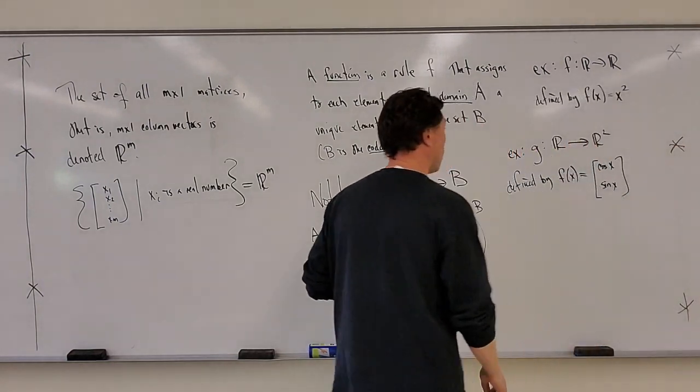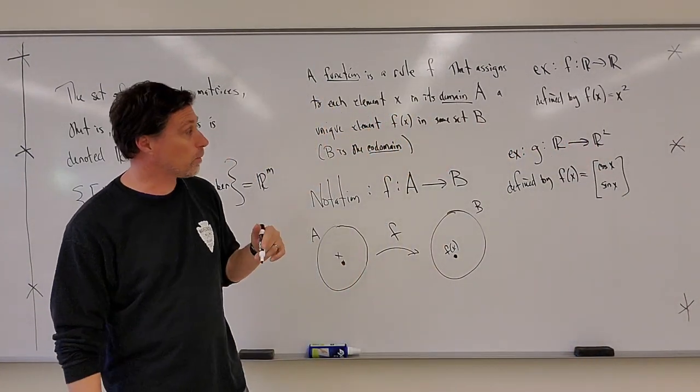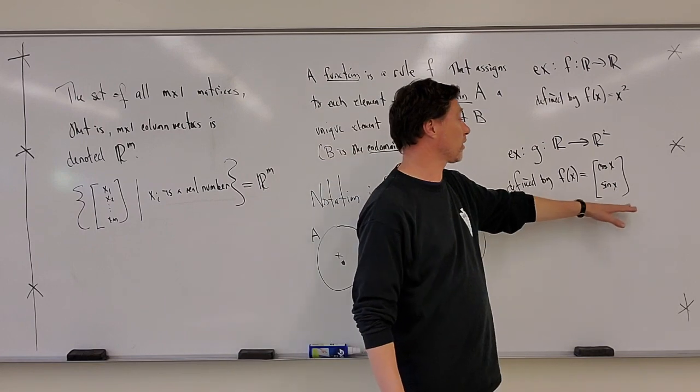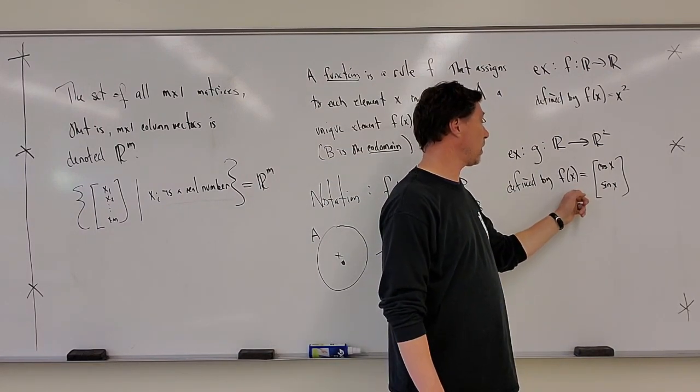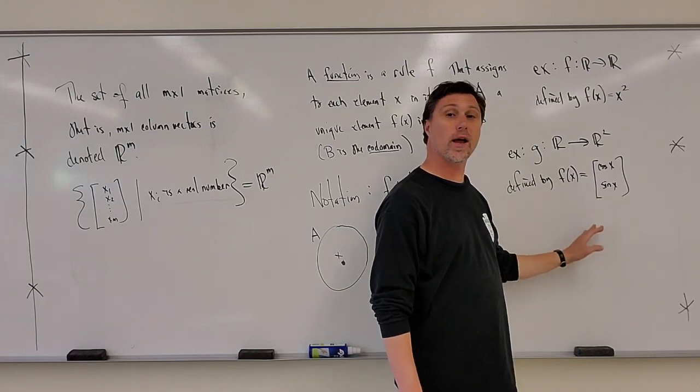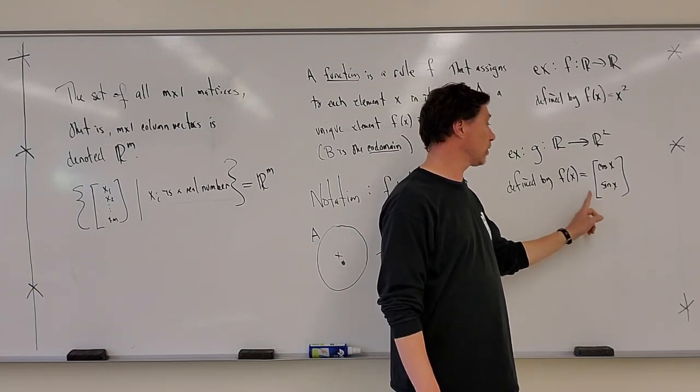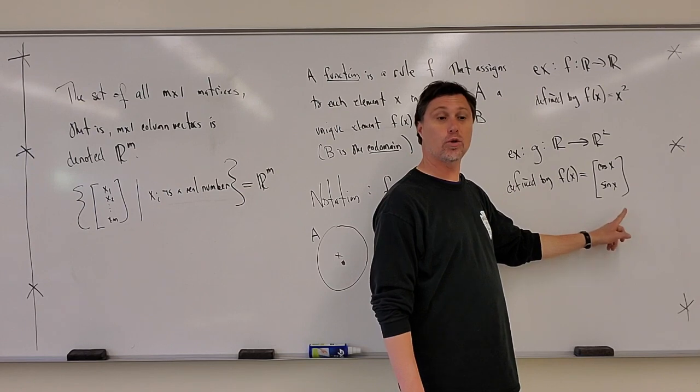So in this case now, the inputs, still real numbers, the outputs now are column vectors of this form right here. So here's another example of a function. Domain R, codomain R2, and the formula, input is a real number, the output is an element of R2, a column vector.